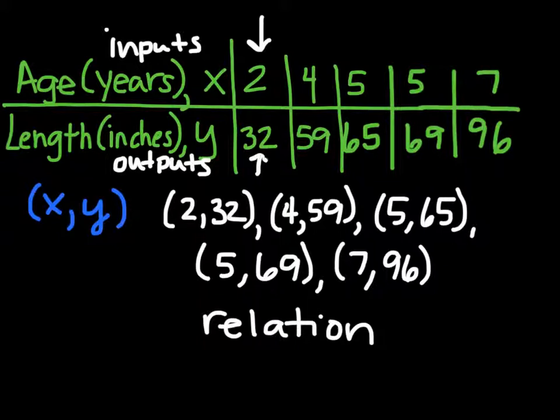So the output is 32 inches. This alligator is 2 years old and 32 inches long. Input 2, output 32. One more time with the other terminology. The domain is age, and the length is range. Domain, range, input, output, X, Y. Okay?